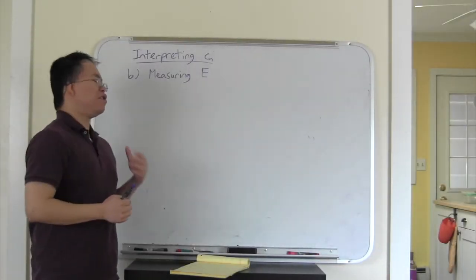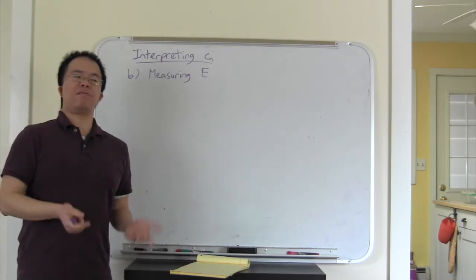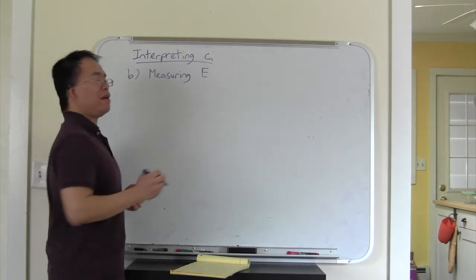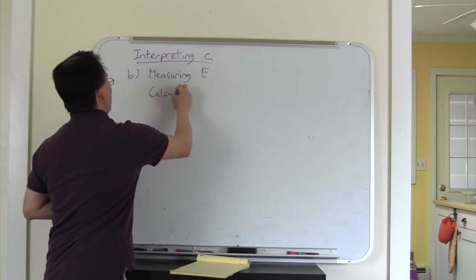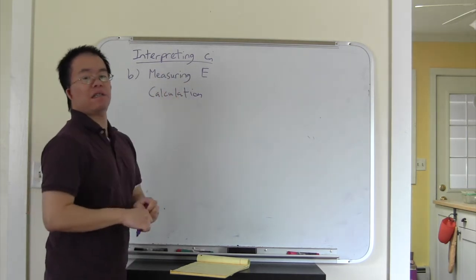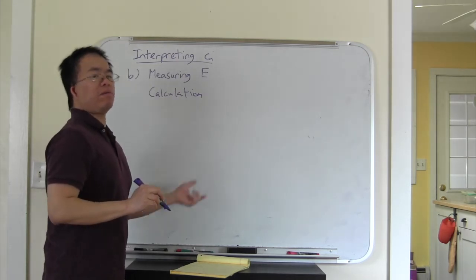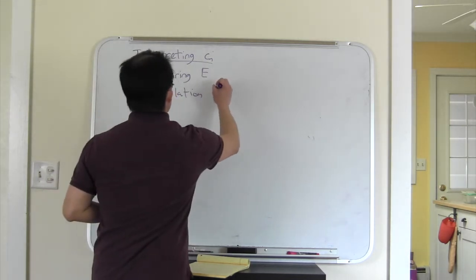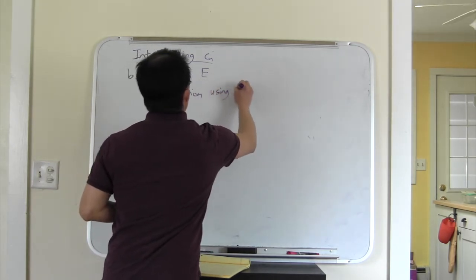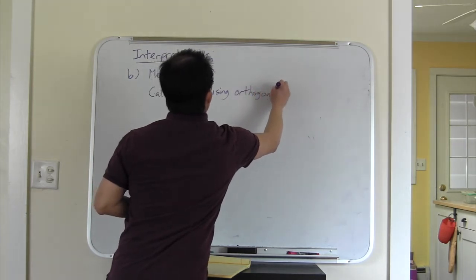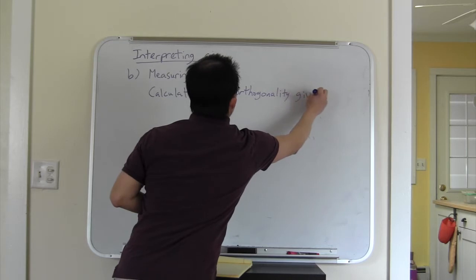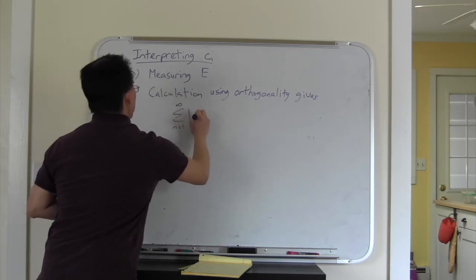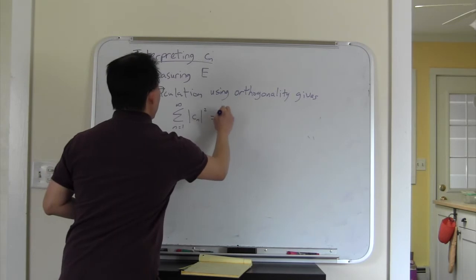So one piece of evidence that suggests that C sub n modulus squared acts like a probability comes from the following. If you perform a calculation based on orthogonality, and I think this is one of the things I will go through in detail in an extra bonus video for today, it gives the sum on n of C sub n modulus squared equals 1.